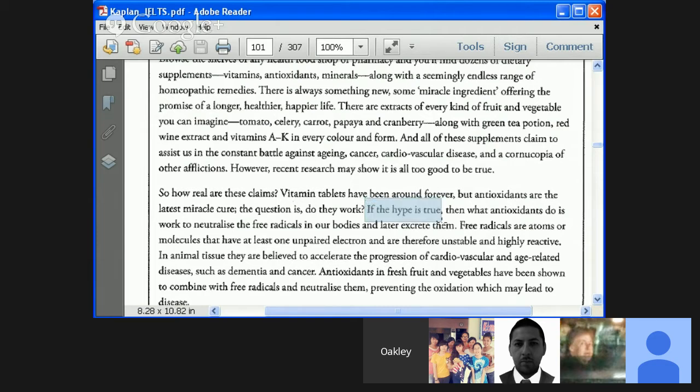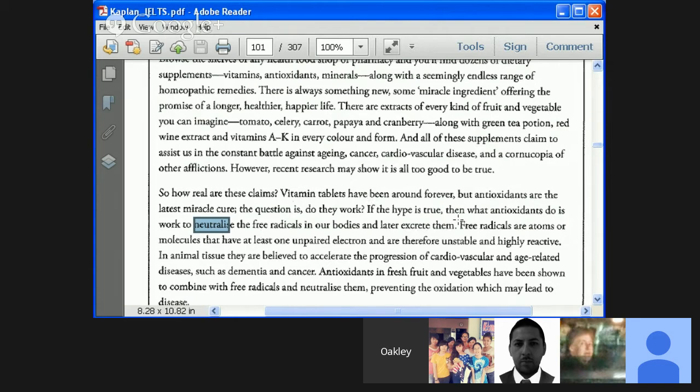I do have to show you a trick here, something to be aware of. If you notice the language, it says if the hype is true, then what antioxidants do is work to neutralize, eliminate, these are synonyms, free radicals. It even has in our bodies, I don't really care about that. But, okay, if. That's a problem. Now I don't know, that's very confusing.